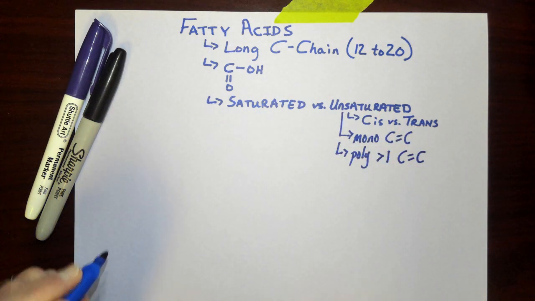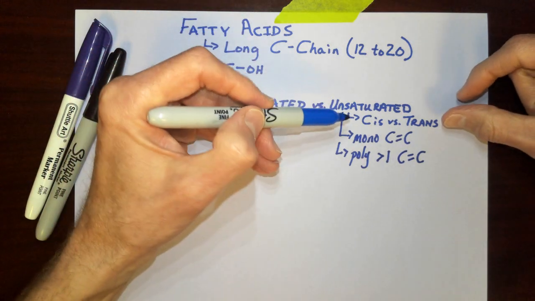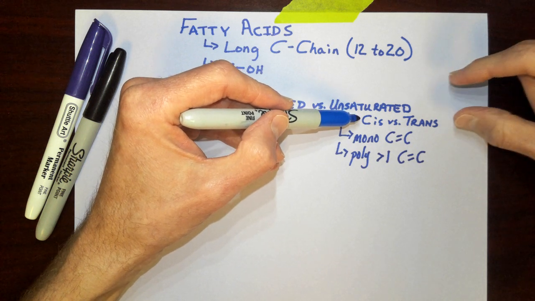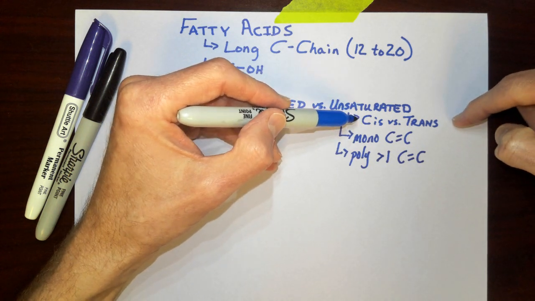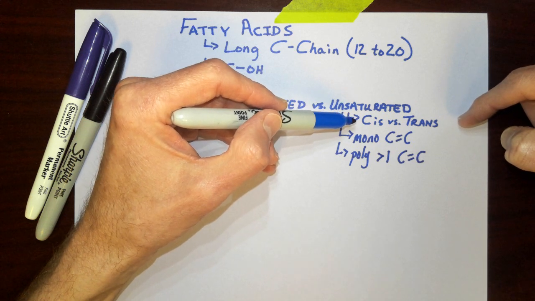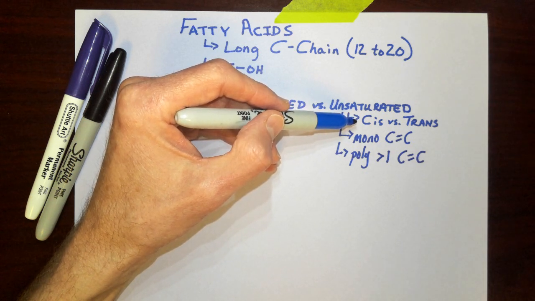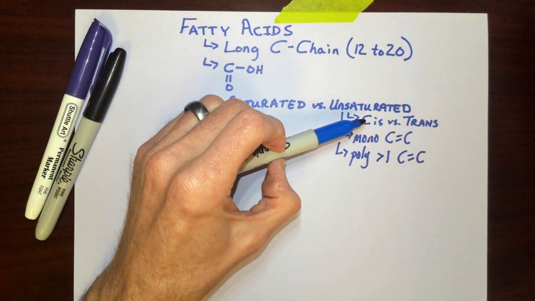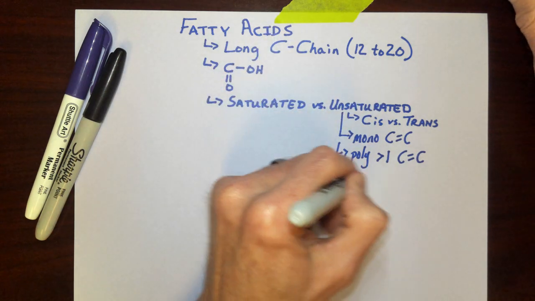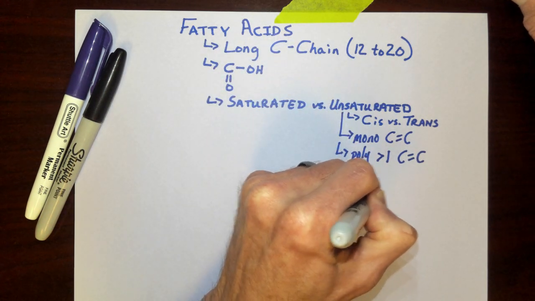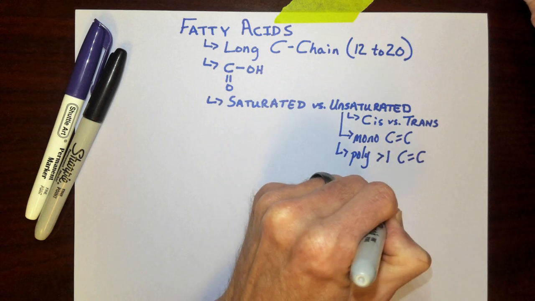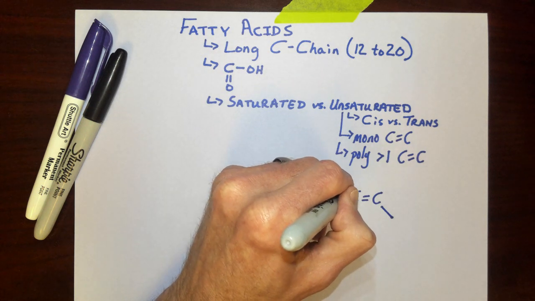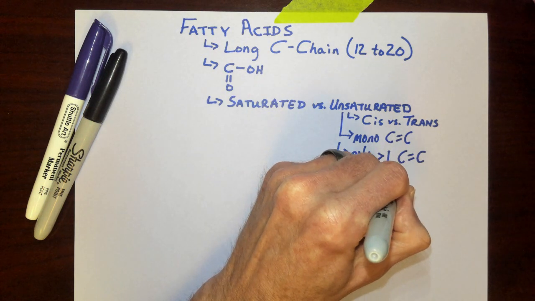Now, the other thing about unsaturated fatty acids, the double bond that you see present in that chain can lead to a cis or a trans configuration. Remember that cis is when the double bond exists, and then the two priority groups coming off of that double bond are on the same side.